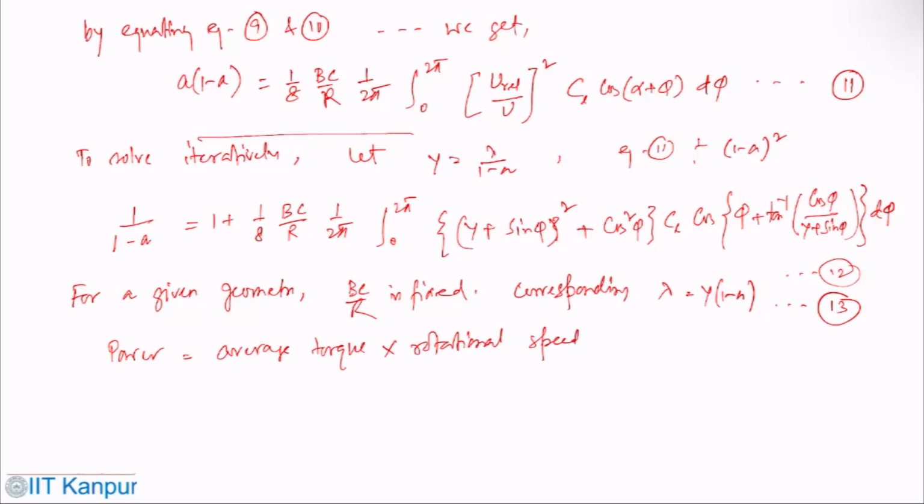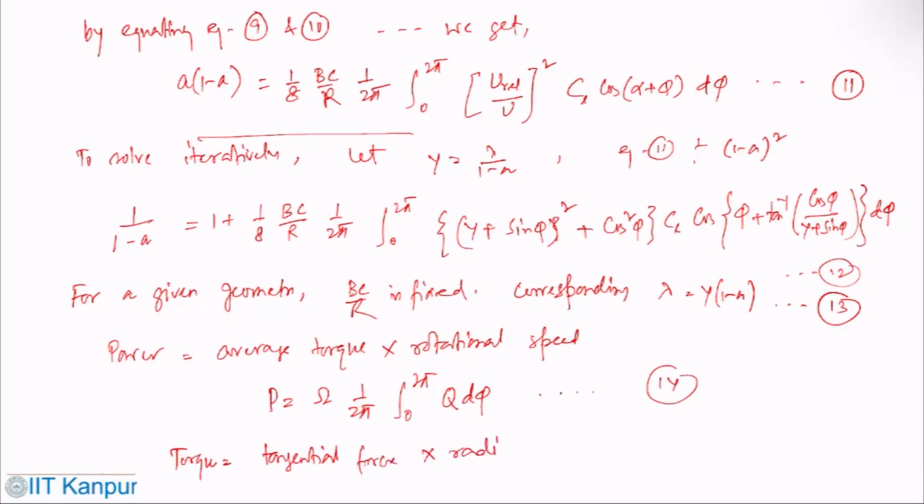Now the torque varies with angular position, so we write P equals omega, 1 by 2 pi, integral 0 to 2 pi, of Q d phi. Torque is also the product of tangential force into radius.